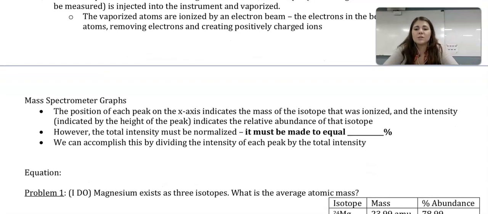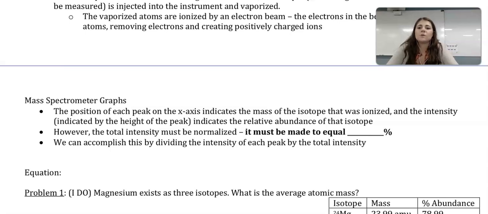So here, the position of each peak on the x-axis, like I said, is going to be based off mass. And again, when we talk about mass, it's protons plus neutrons. And then the height of the peak, which is the y-axis, will be the intensity. So that's why I was saying the abundance, the amount that was there, okay?